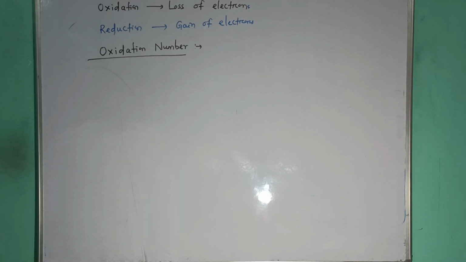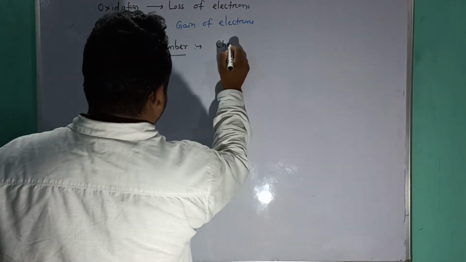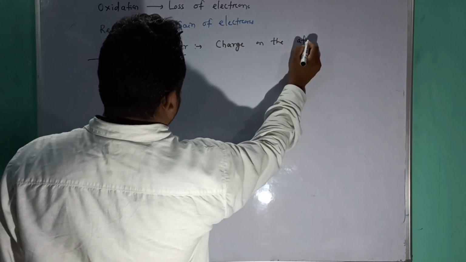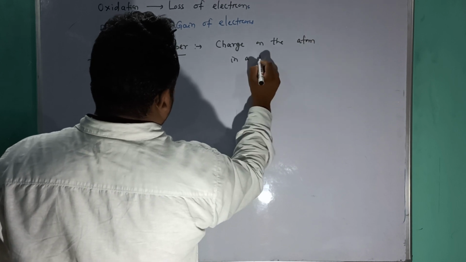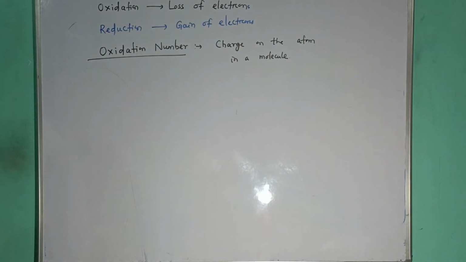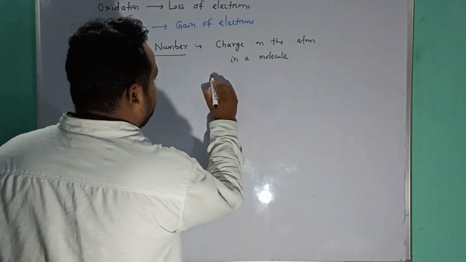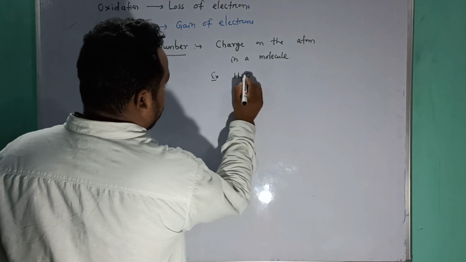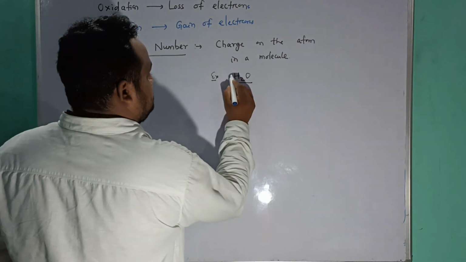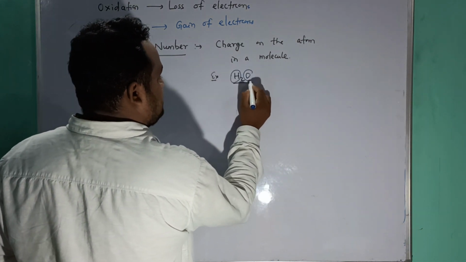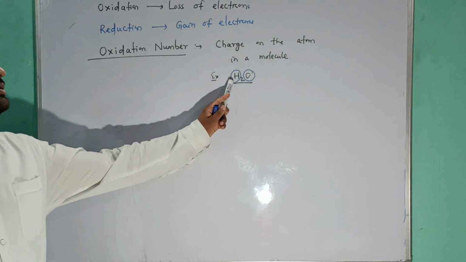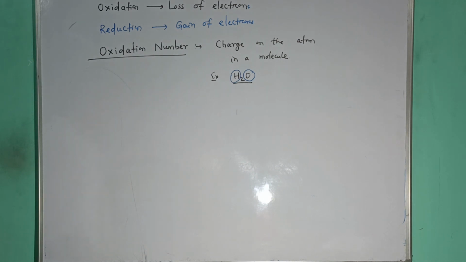Oxidation number. It is the charge on the atom in a molecule. What is oxidation number? Charge on the atom in a molecule. For example, water is a molecule. So the charge on the hydrogen in this molecule and the charge on the oxygen in this molecule is known as the oxidation number of hydrogen and oxidation number of oxygen.